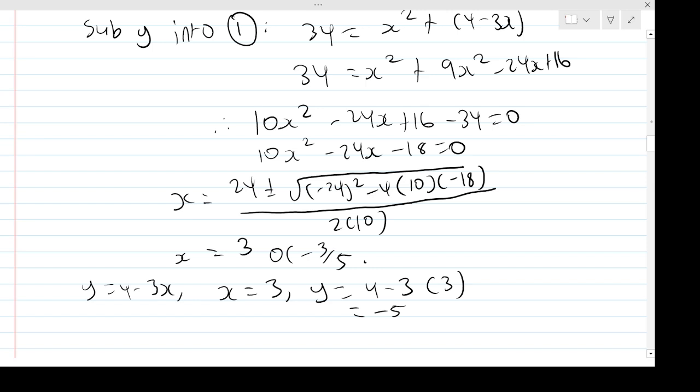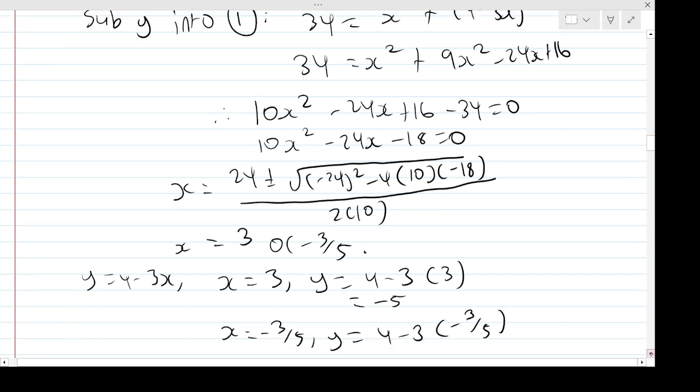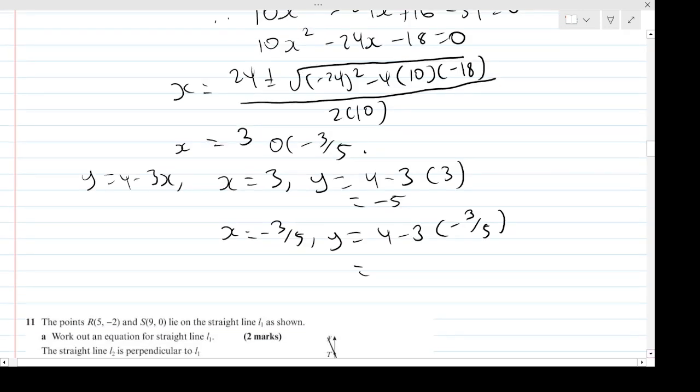So that's when x is 3. What about when x is minus 3 over 5? Then y would be 4 take away 3 of minus 3 over 5. And so that would get me 29 over 5. Cool.